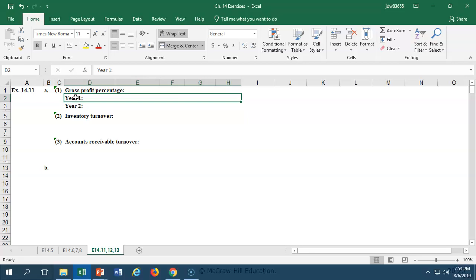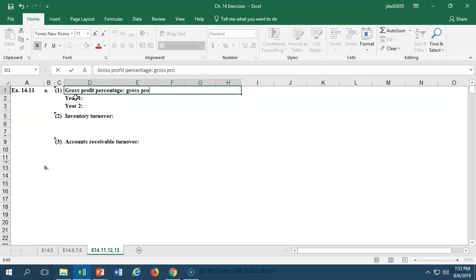So to calculate gross profit, I mean, gross profit divided by the sales. That's what the formula is.